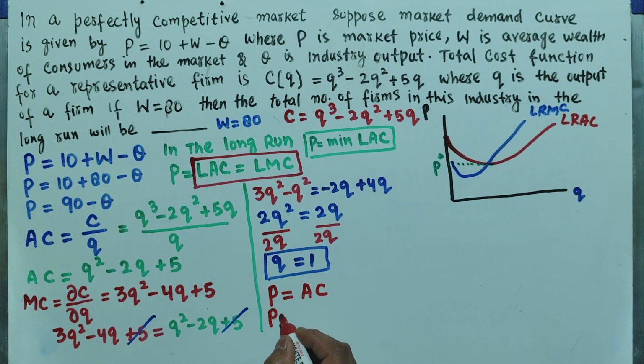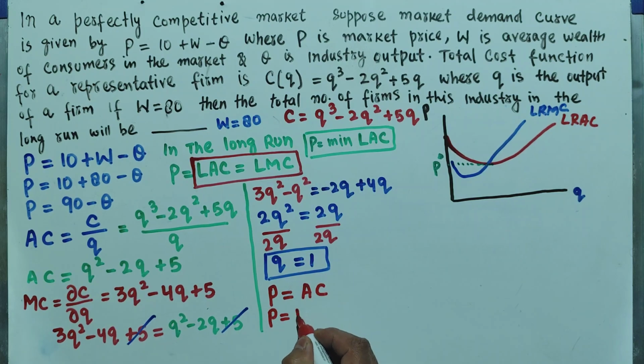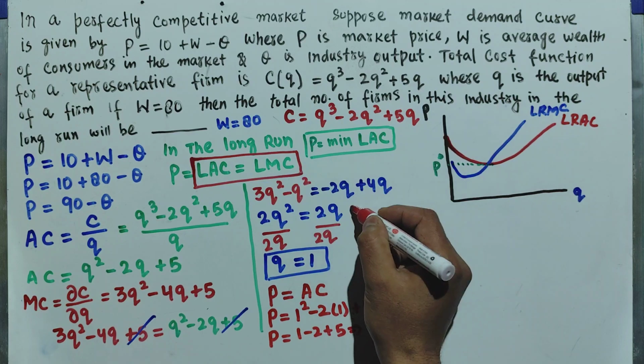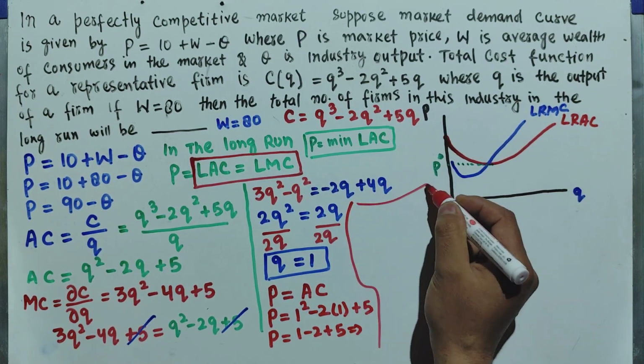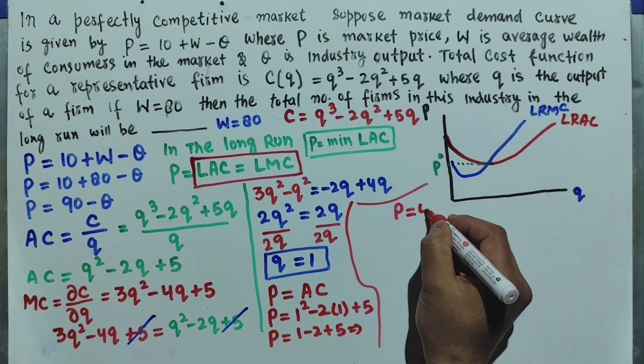That means P equals 1 square minus 2 times 1 plus 5. So P equals 1 minus 2 plus 5, which is 4. The market price will be equal to 4.